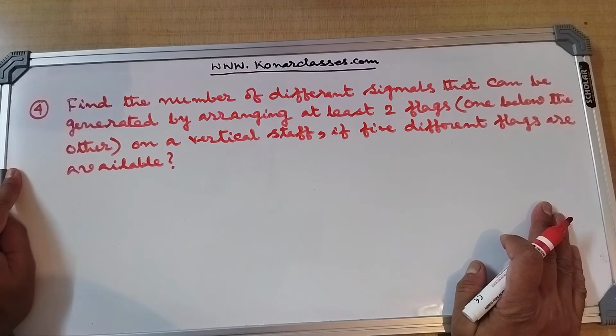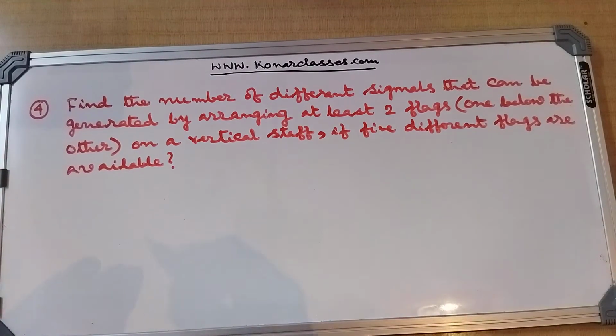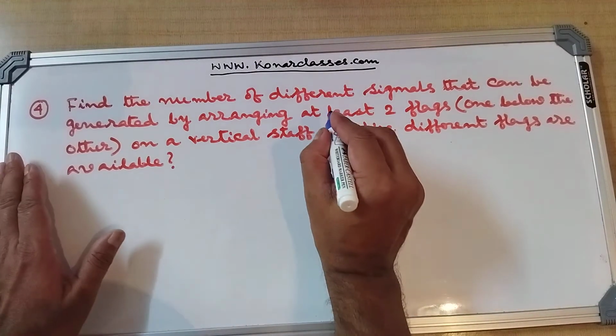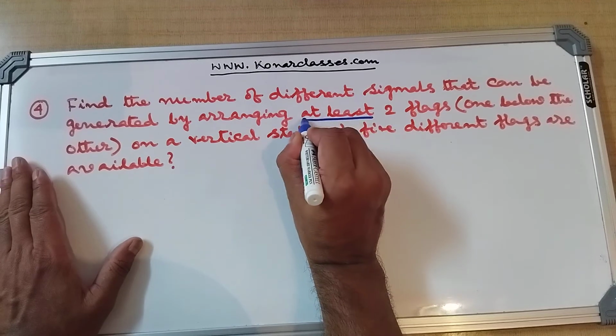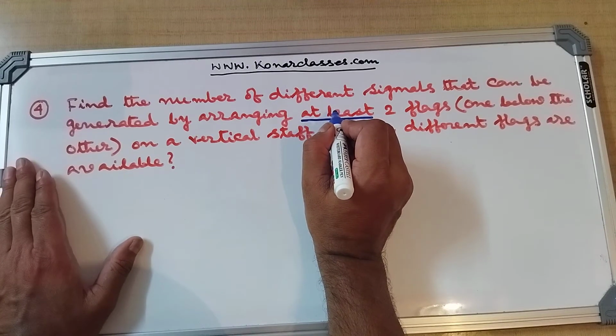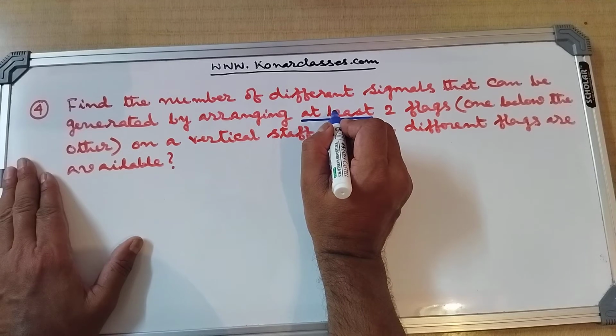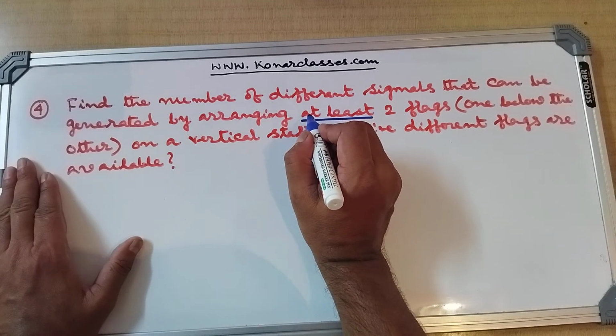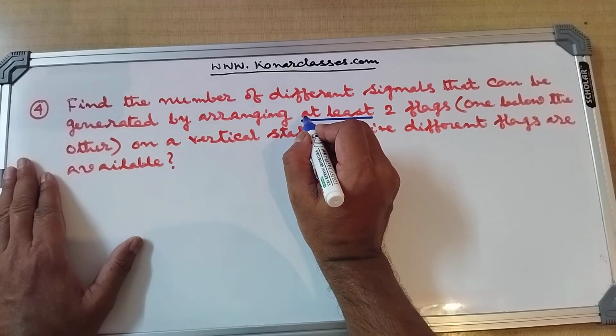Okay, so let's go through this problem once more, and then let's start finding the solution. Find the number of different signals that can be generated by arranging at least, that "at least" is a very important word here, 2 flags, one below the other on a vertical staff if 5 different flags are available.